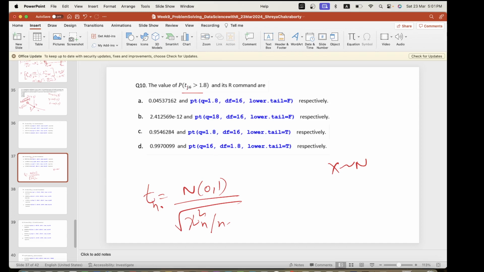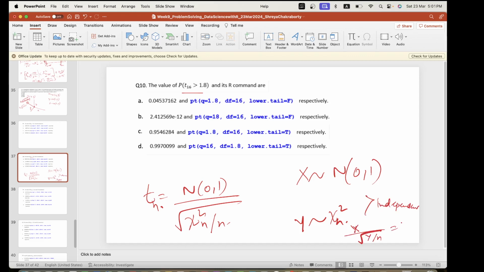So as I was saying, the t distribution is actually a ratio of two independent distributions. If x follows normal 0, 1 and y follows chi-square n independently, then x by root of y by n is actually your Tn distribution. This is the relationship between t, normal and chi-square.